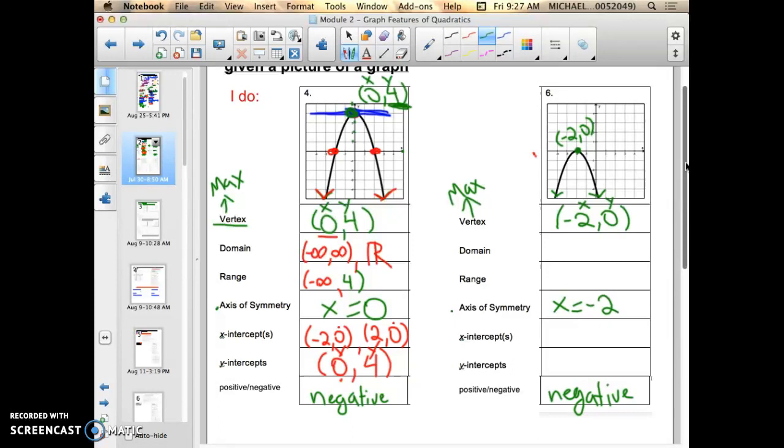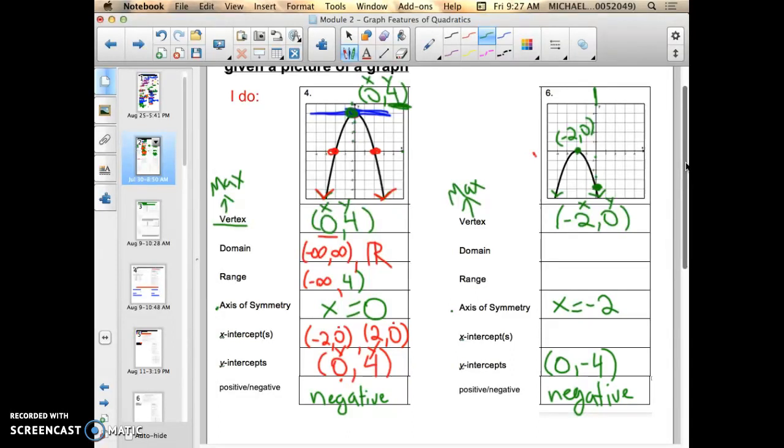And let's try the y-intercept now. In this case, where it hits the y-axis, the vertical axis right here, is down right here, it looks like. And that's shifted down. Now the y-intercept, the x value is always 0. And the y value then is 1, 2, 3, 4. Negative 4. It went down 4. So y-intercept is 0, negative 4.